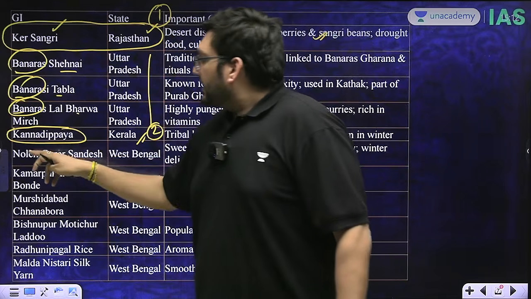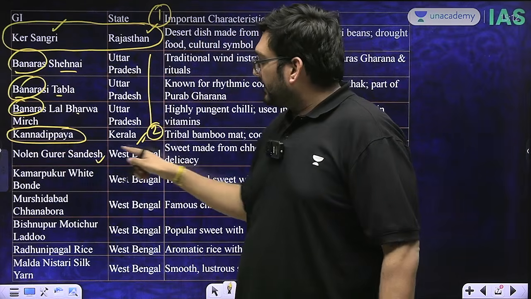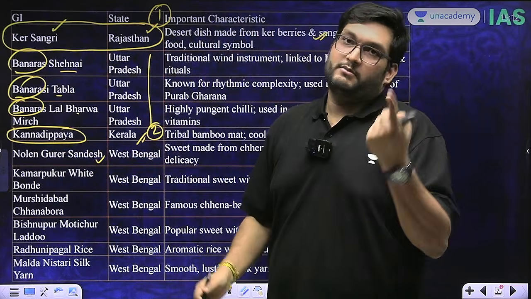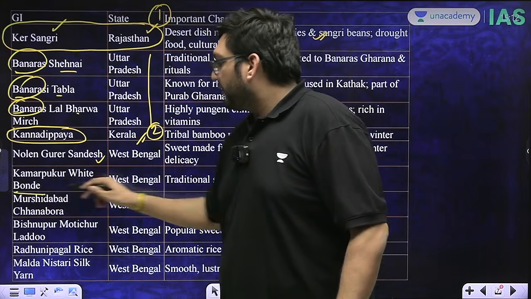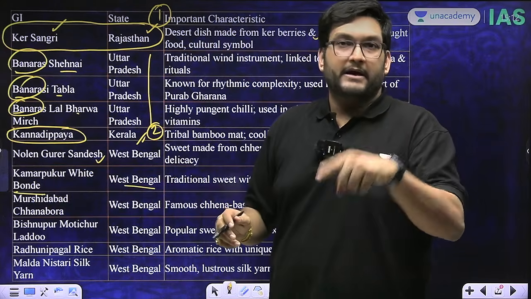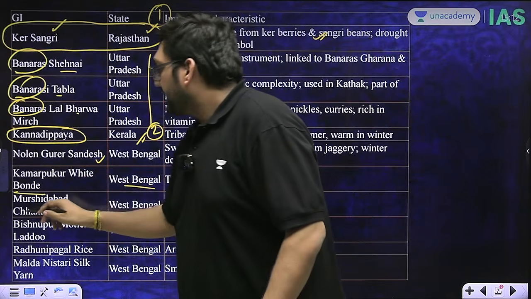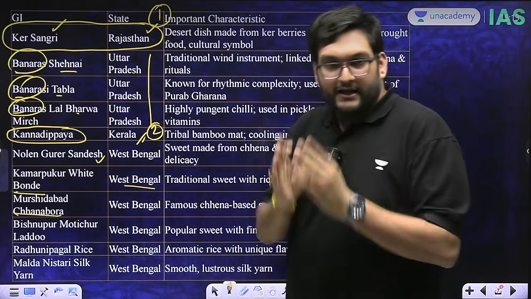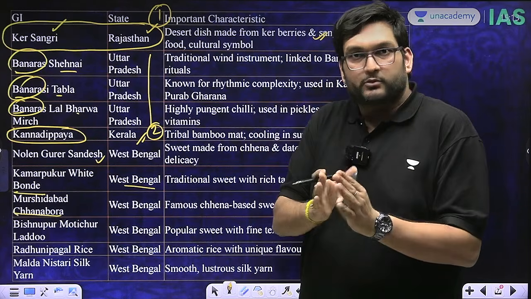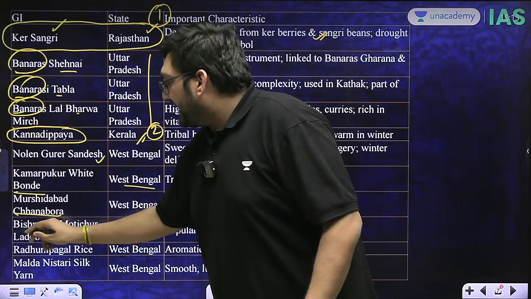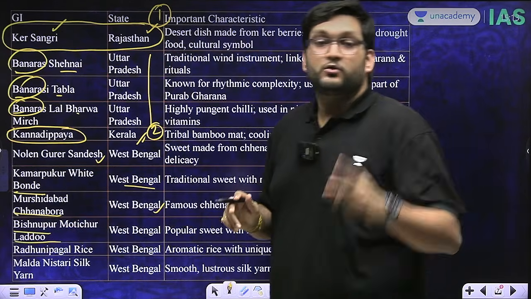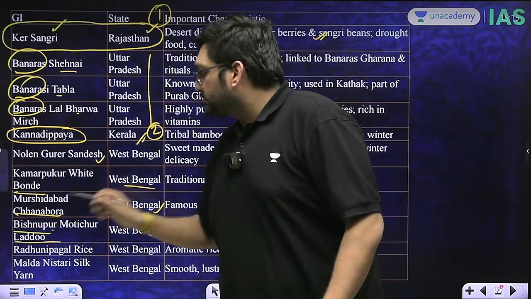Then Sandesh, Lolen Gurer, West Bengal. Easy to remember because Sandesh. Then Bonde, West Bengal. Again, a Bengali word, so easy to remember. Now, Chhena Bora, again like Rasgulla, easy to remember, West Bengal. Then we have Bishnupur Motichur Laddu, again easy to remember because Bishnupur is given.